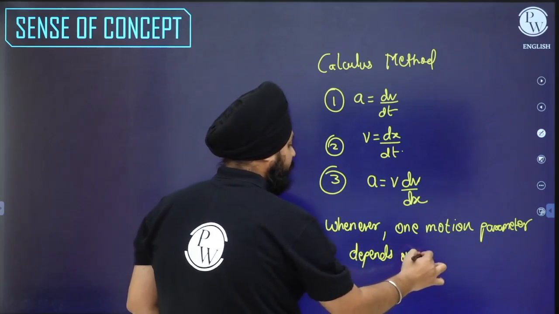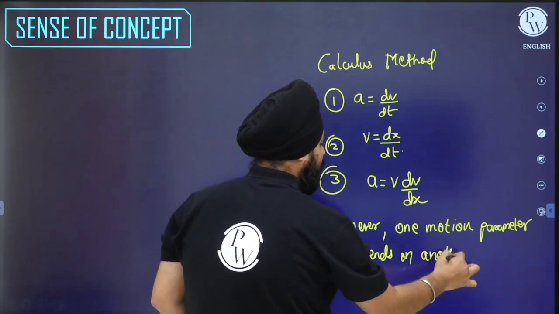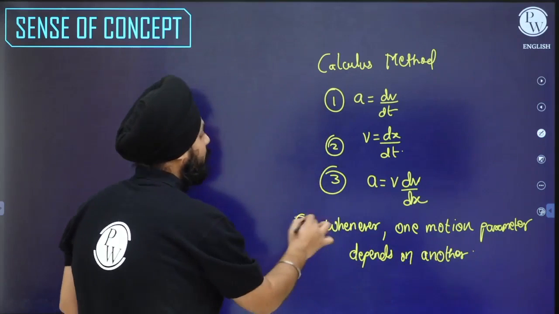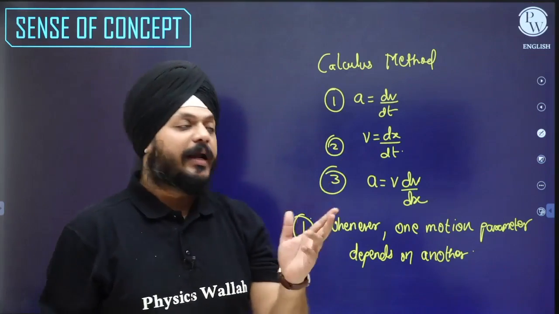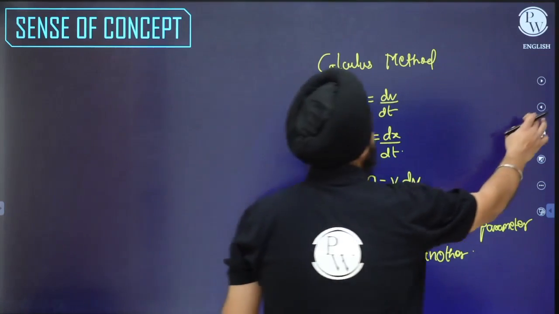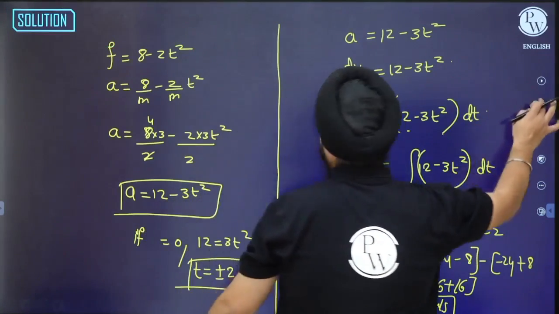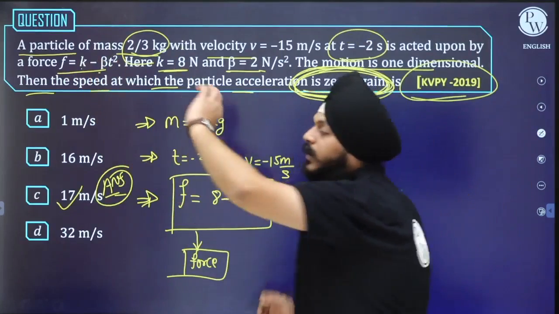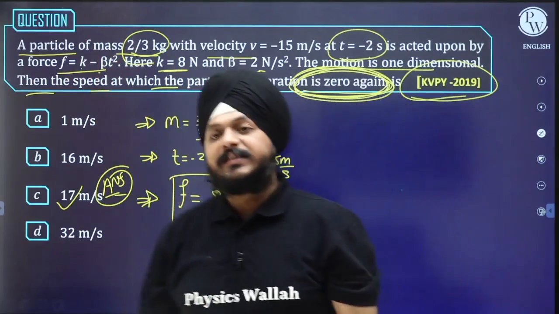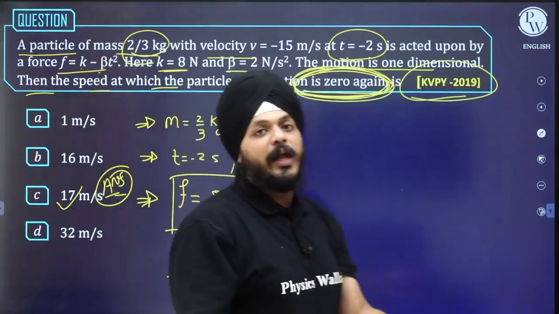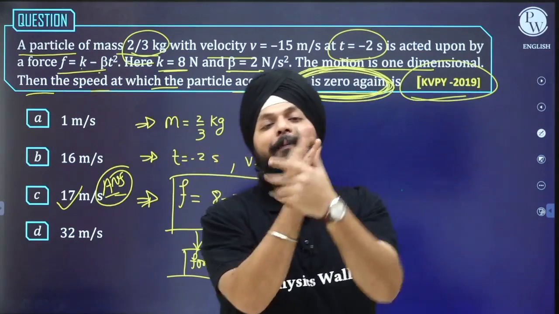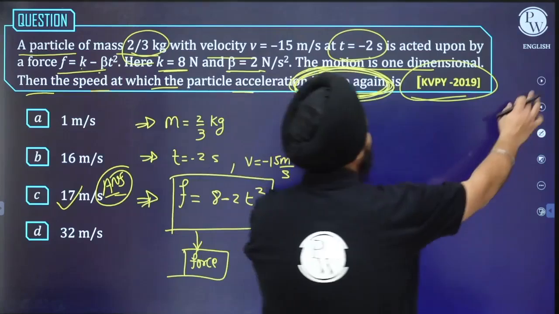This is a noteworthy point for this specific concept, and it was very helpful. Like we have seen in the previous question, force was depending on time. Similarly, velocity may depend on time, acceleration may depend on velocity, displacement may depend on time. So motion parameters depend on each other in this kind of situation.